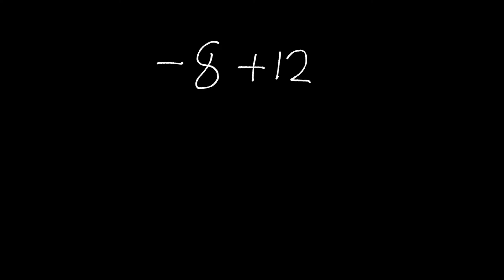Here we have negative 8 plus 12. Ignoring the negative signs, since they're different signs, this is negative and this is positive, which number is bigger, 8 or 12? 12 is bigger than 8, so we're going to subtract 12 minus 8.